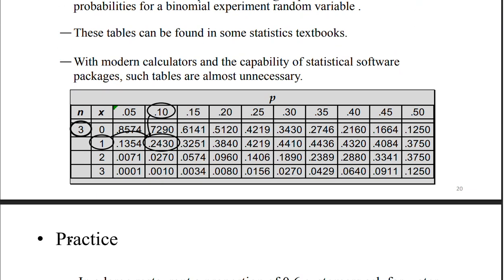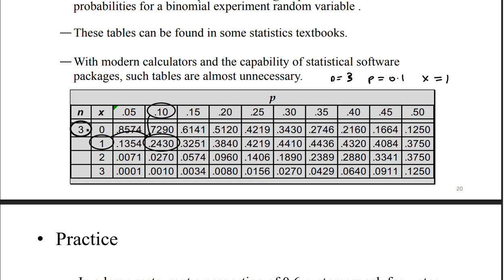The table will look something similar to this, or you can just Google and you will see the table. But a copy has already been uploaded on Moodle. On the table, you first locate the value of n, which is 3. Don't forget, we have n equal to 3, p equal to 0.1, x equal to 1.